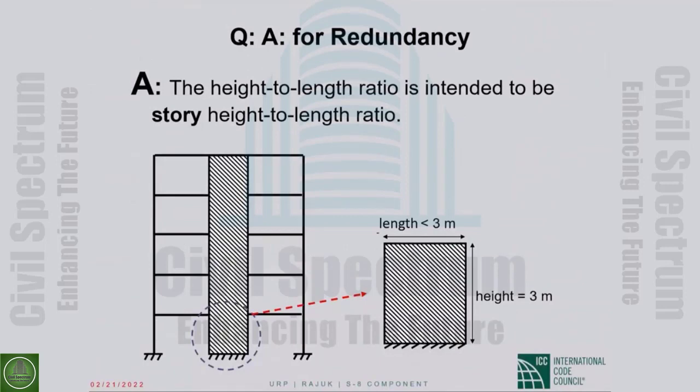The answer is the height to length ratio is intended to be story height to length ratio. Story height, always story height. Okay, so as shown in this picture, when we talk about a shear wall with height to length ratio larger than 1, it is story height to the length of the shear wall.